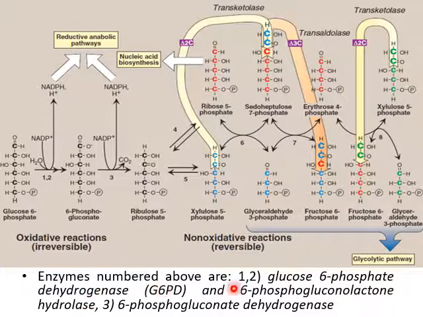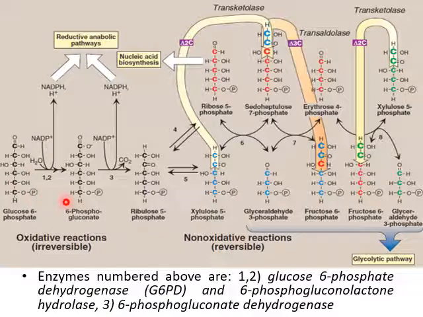With the help of these two enzymes, glucose 6-phosphate is converted into 6-phosphogluconate. During this reaction, water is used and NADP is converted into NADPH. So you can note here that you derive one NADPH molecule in this reaction of the HMP pathway.